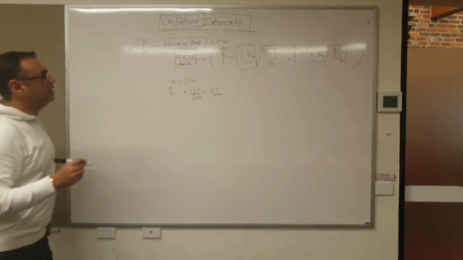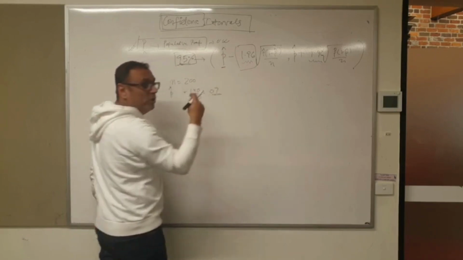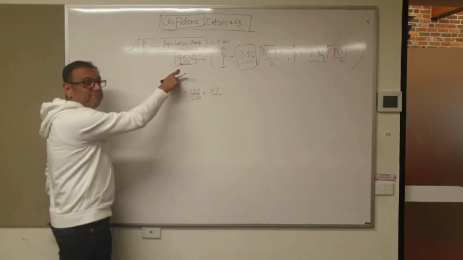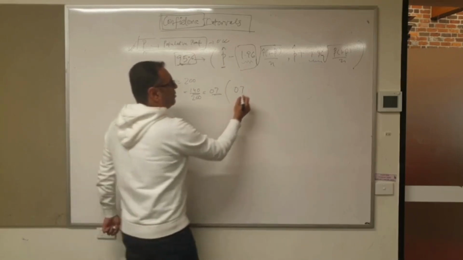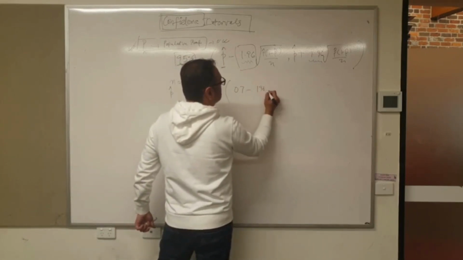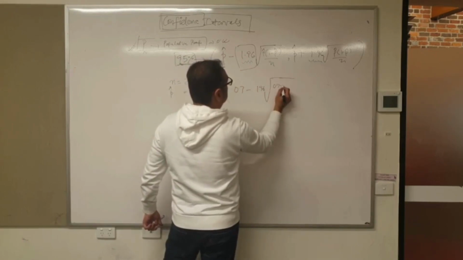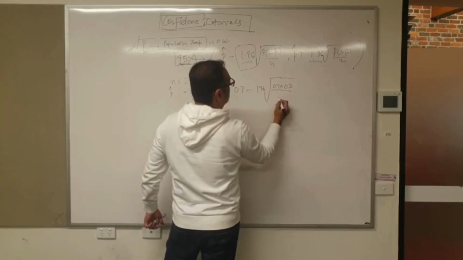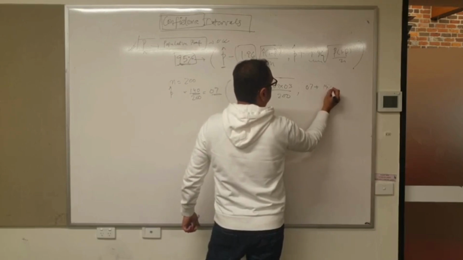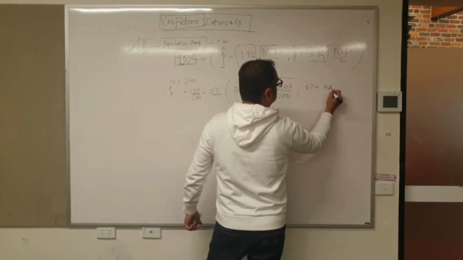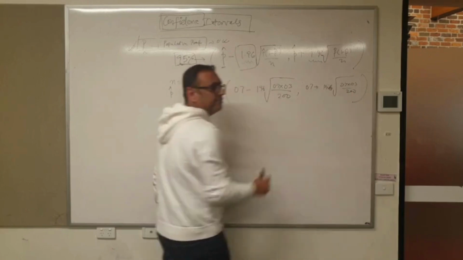Now, what actually it means is, if I'm going to go and calculate the confidence interval for this 95%, what I'm trying to say is 0.7 minus 1.96 times the square root of 0.7 times 0.3 over 200, comma 0.7 plus 1.96 times the square root of 0.7 times 0.3 over 200, right?